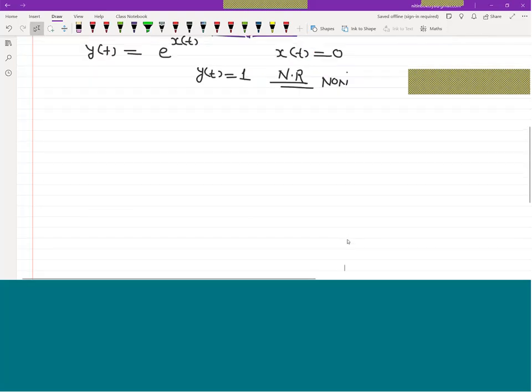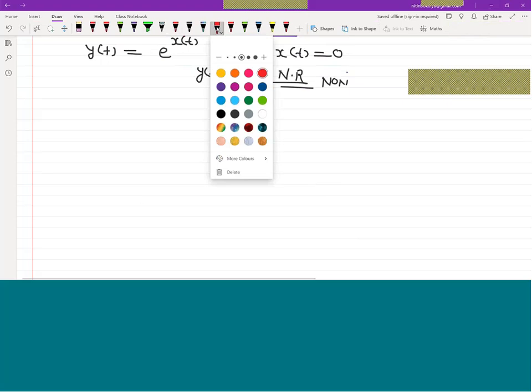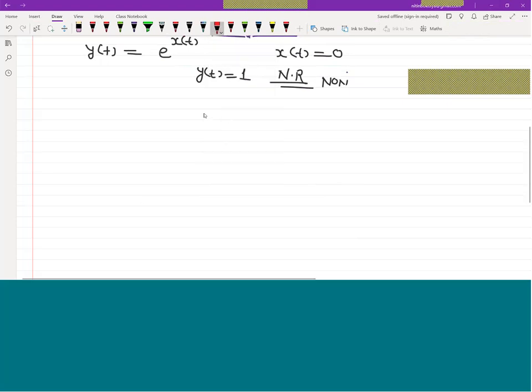आगे चलते हैं और देखते हैं how we can proceed. Next type of system is known as causal and non-causal system.